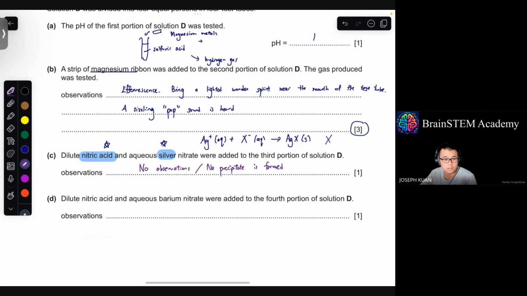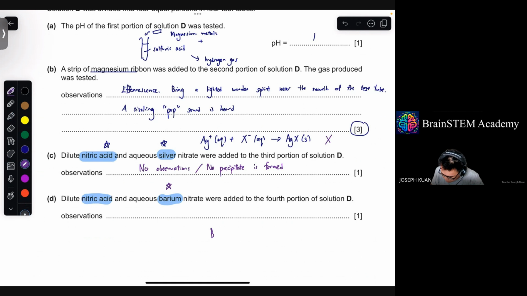Okay, so regarding D, dilute nitric acid and aqueous barium nitrate were added to the fourth portion of solution D. As usual, nitric acid does nothing. It's just an acidic medium. Nitrate also does nothing, but barium does something.